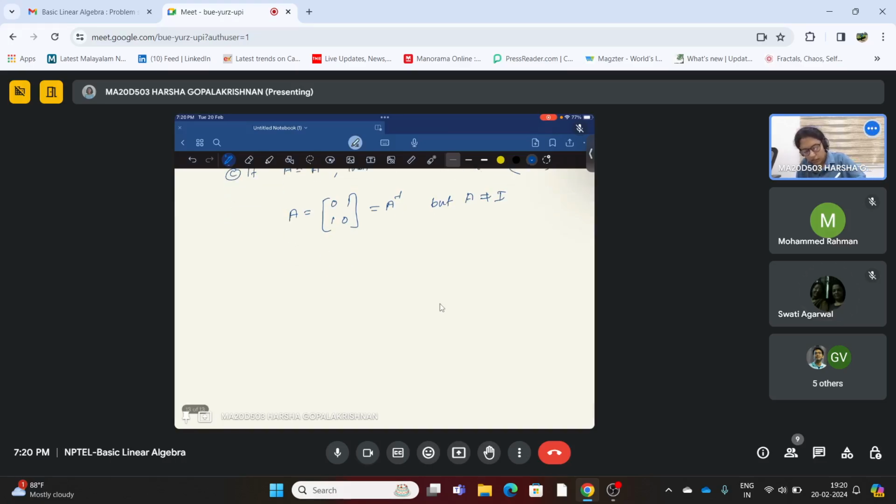Now the question: for any n in N, there exists an n by n matrix A such that A equals A inverse equals adjoint of A. What about this statement?